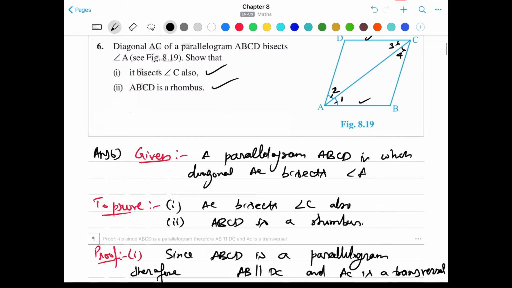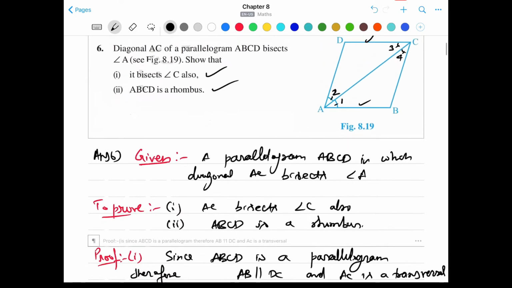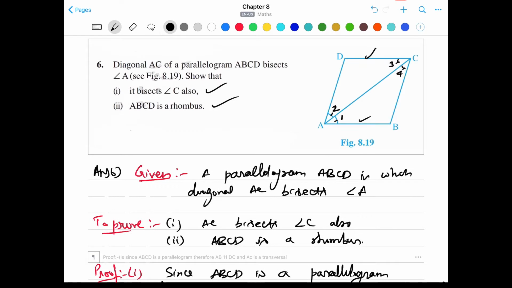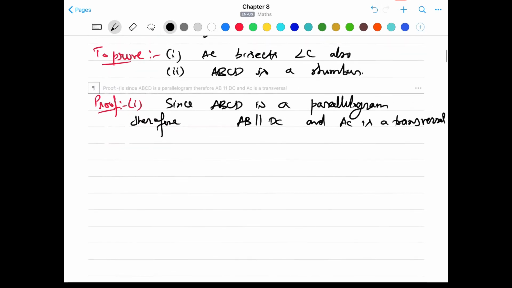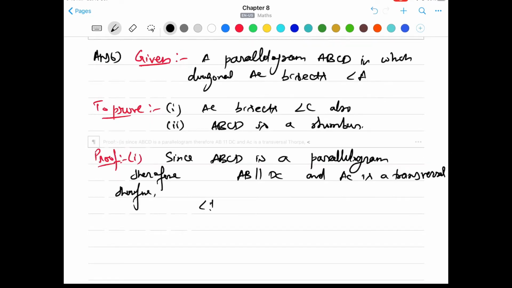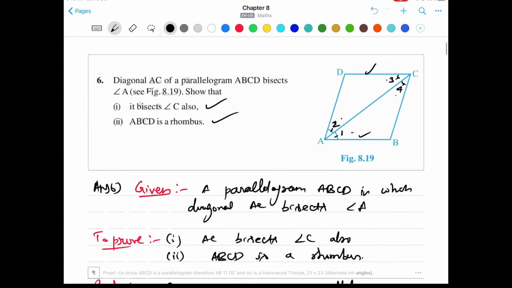If AB is parallel to DC and AC is a transversal, its alternate interior angles will be equal. That means angle 3 will be equal to angle 1, and angle 2 will be equal to angle 4. Therefore, since AB is parallel to DC and AC is a transversal, angle 1 will be equal to angle 3, and the reason they are equal is that they are alternate interior angles. That's why angle 1 will be equal to angle 3.